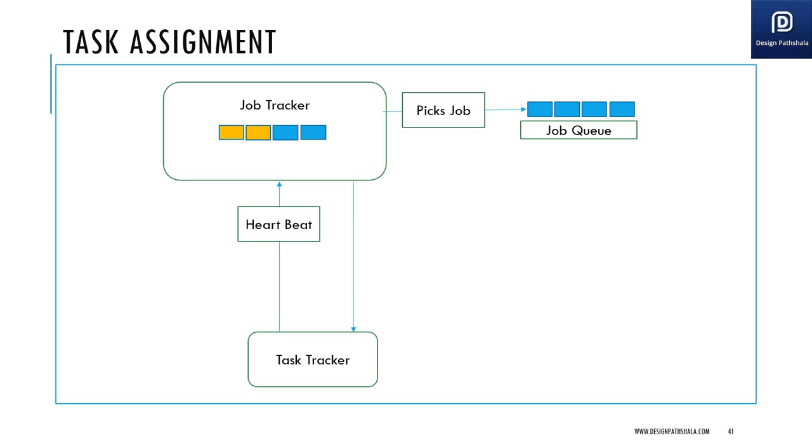The tasks which that task tracker was running, and which failed to send the heartbeat in the predefined frequency, would be assigned to other task trackers on data nodes where the block replicas are lying.